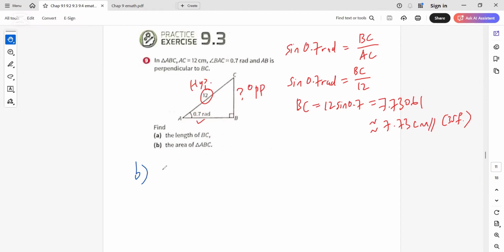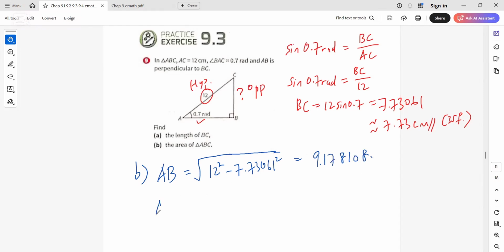AB, using Pythagoras theorem, equals square root of 12 squared minus 7.73061 squared. That will give me 9.178108. So that's my AB.